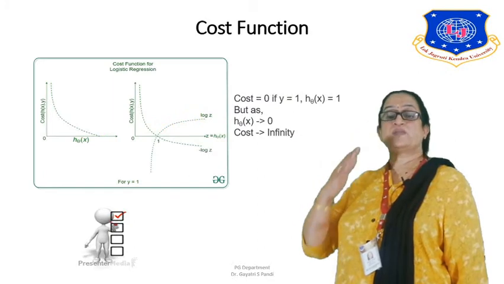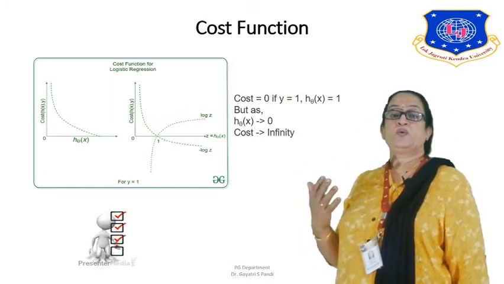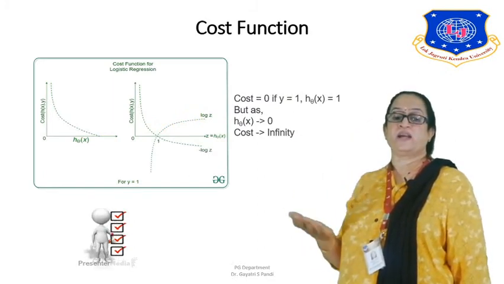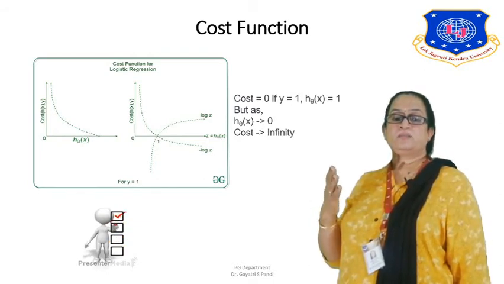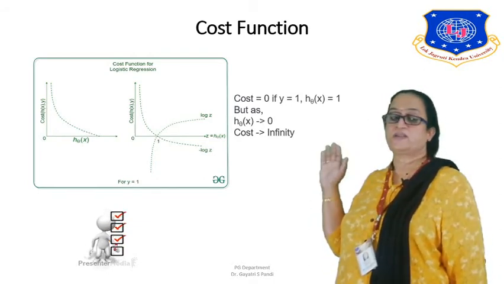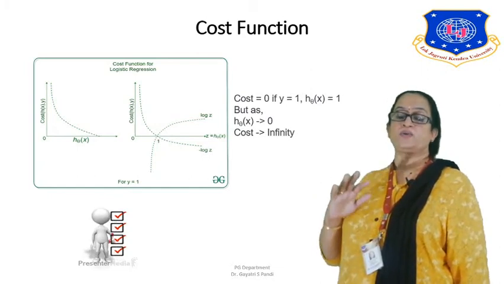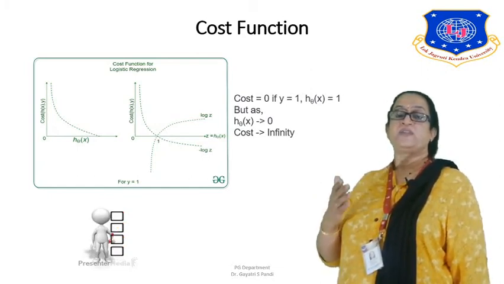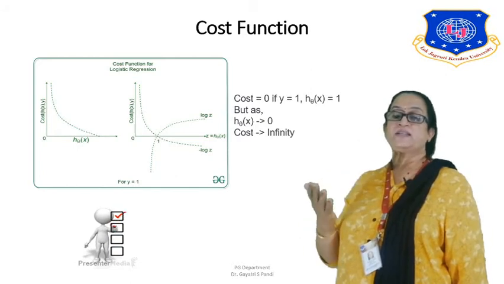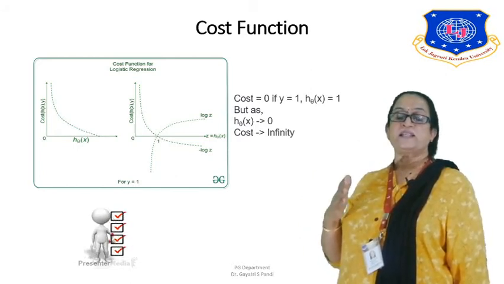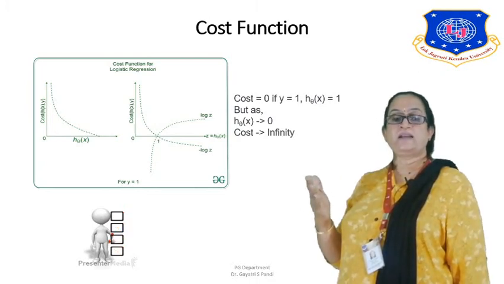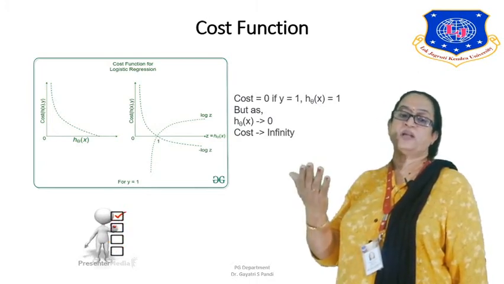This is the cost function that is basically applied to the logistic classifier, right? Here you can see the graph on the left side and on the right side. Here the cost is equal to 0 if y is equal to 1 and h of x is equal to 1. h of x is mapped on the x-axis and the cost of h of x and y is mapped on the y-axis.